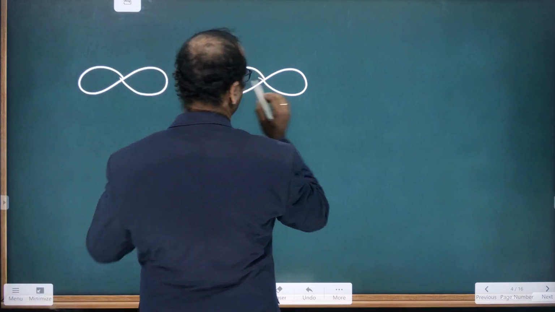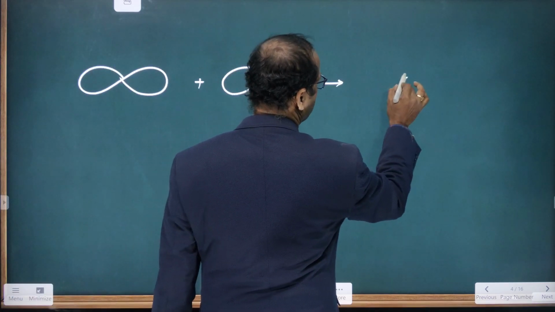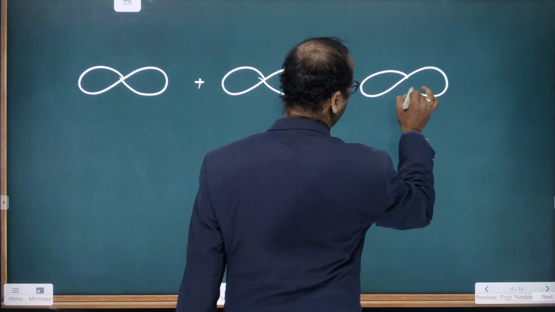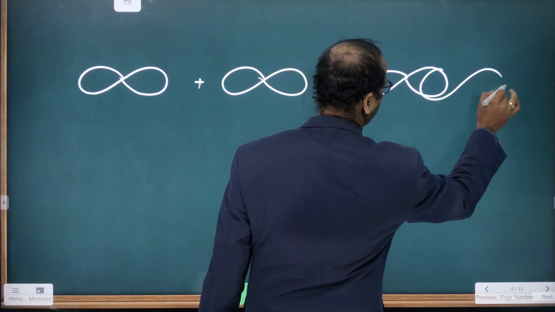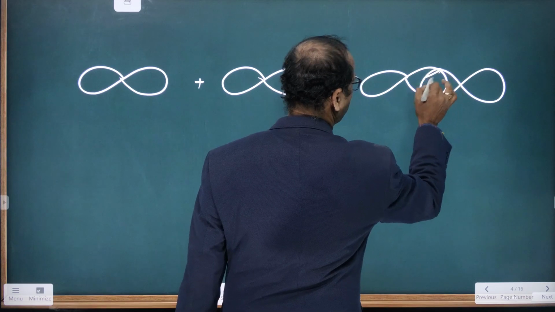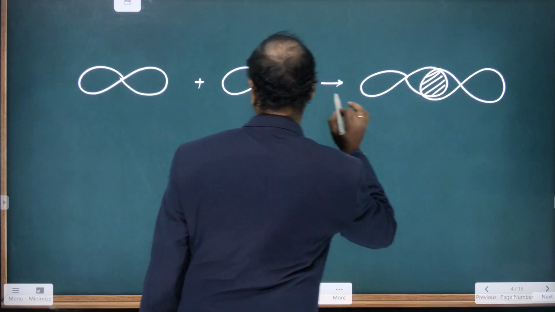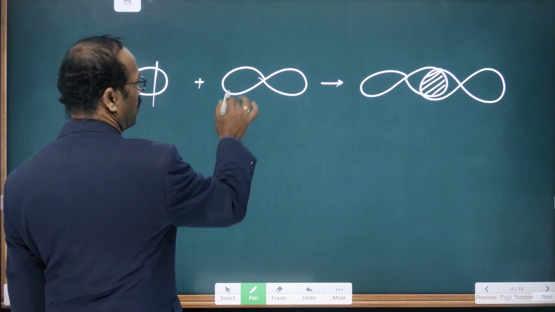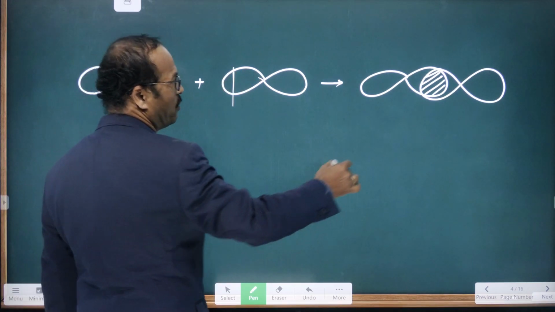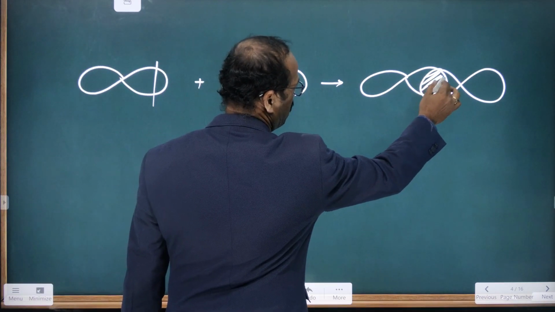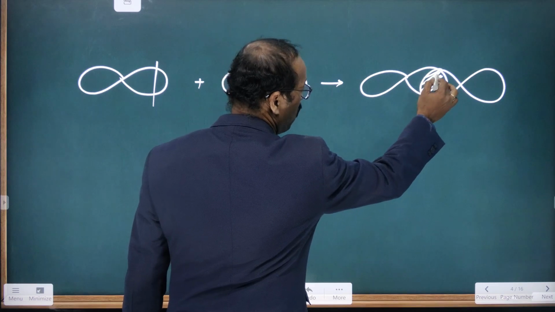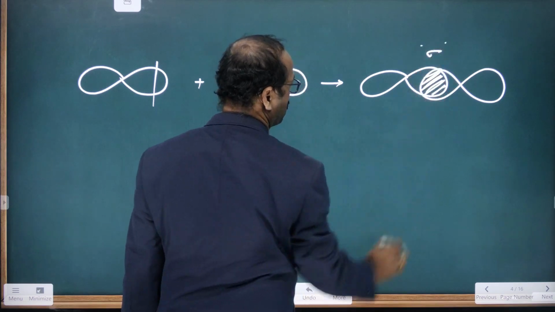When both overlap, the end part of one orbital overlaps with the end part of another orbital. Then the bond is formed between them. This bond is called a sigma bond.